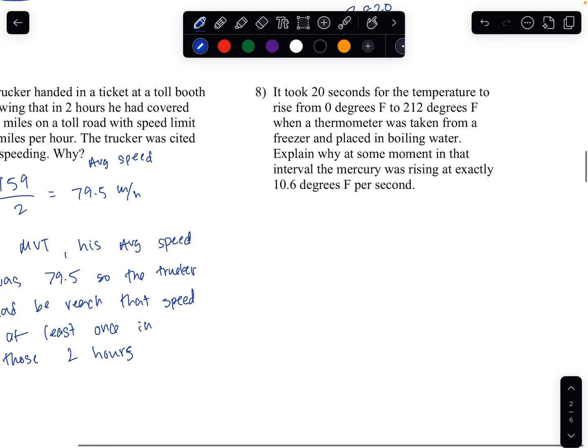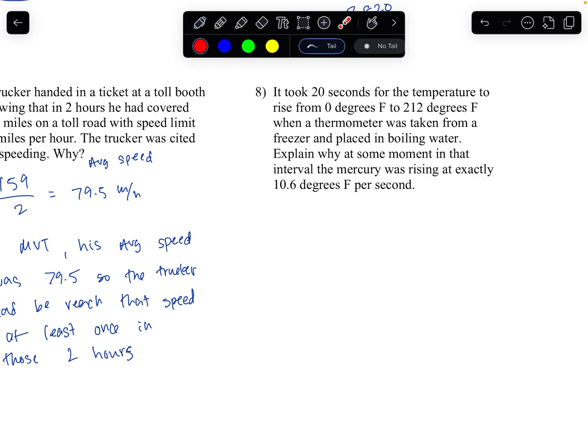It took 20 seconds for the temperature to rise from 0 degrees Fahrenheit to 212 degrees Fahrenheit when a thermostat was taken from a freezer and placed into boiling water. Explain why at some moment in the interval the mercury was rising at exactly 10.6 degrees Fahrenheit.